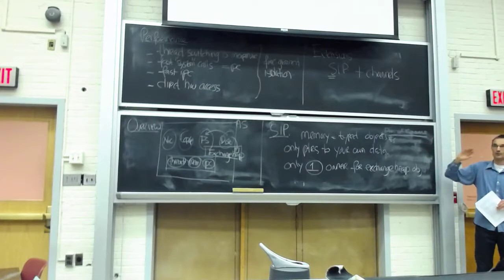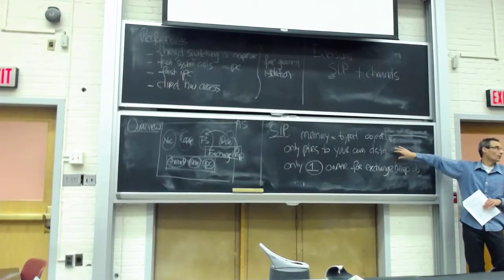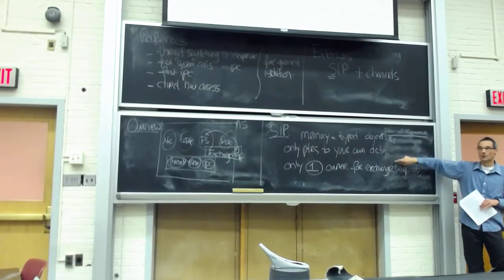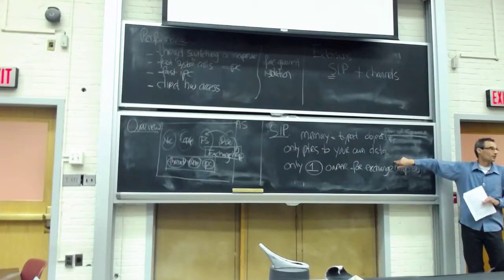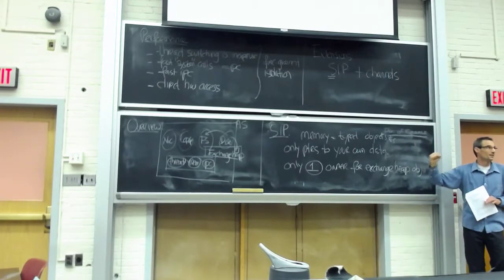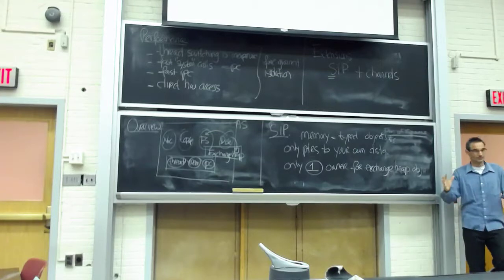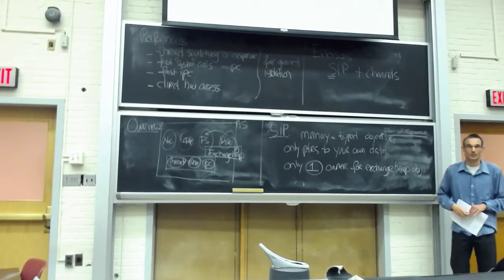In their world, it's very, very simple. Kill a SIP, and you know exactly which objects it owns, because it only points to its own objects. If there's any object in the exchange heap that's owned by that SIP, it's the only SIP that owns that object, and so you can just delete that object. And so the reasoning is straightforward. This all has to do with wanting to be able to kill SIPs and guarantee they get everything back in a clean state without too many complications.